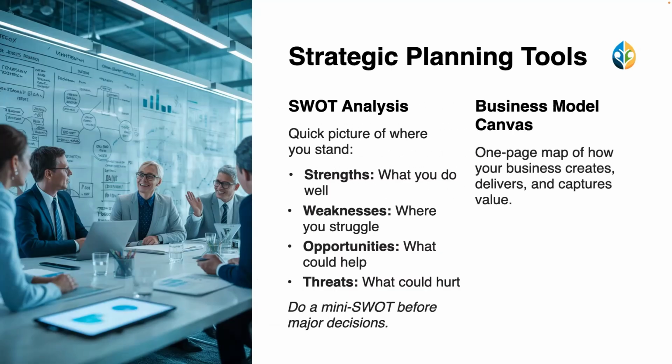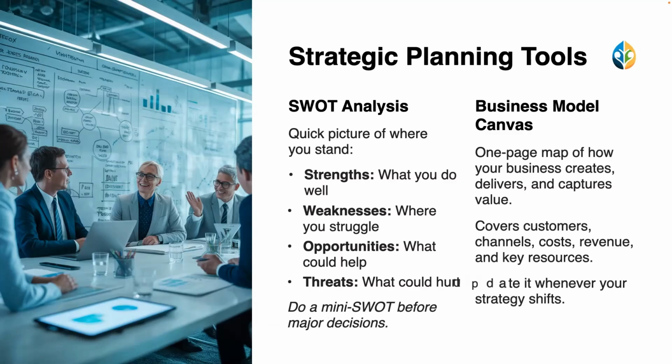And what is the business model canvas? A one-page map of how your business creates, delivers, and captures value. Who your customers are, how you deliver value, how you make money, and update that canvas whenever your strategy shifts.